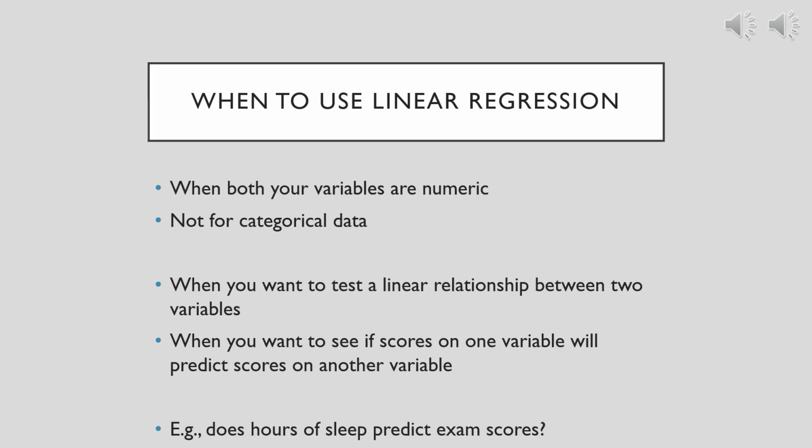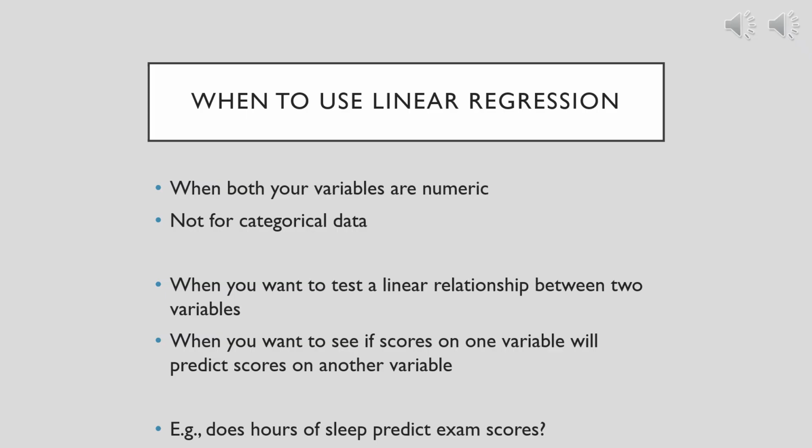If you want to see if the scores on one variable would be a significant predictor of scores on another variable. So for instance, you might have a research question like, does amount of sleep have some kind of effect on exam scores? And could we actually use hours of sleep to predict exam scores? Now that would be interesting.